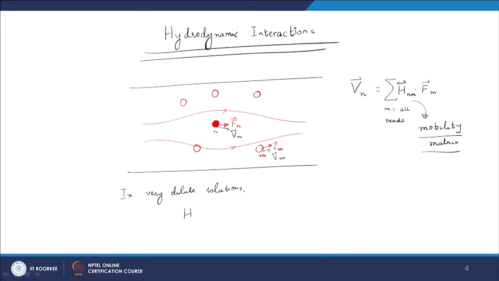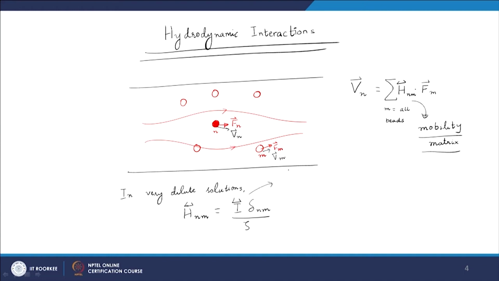So, in a very dilute solution, it turns out that I can write the mobility matrix as something like an identity tensor, delta n m, by zeta, where zeta is the drag coefficient that we have discussed earlier, or friction coefficient.